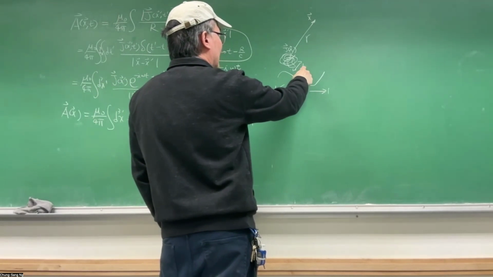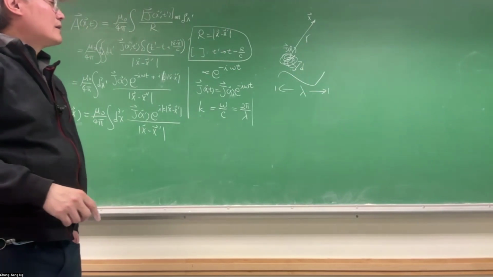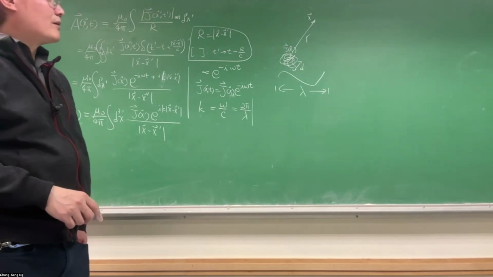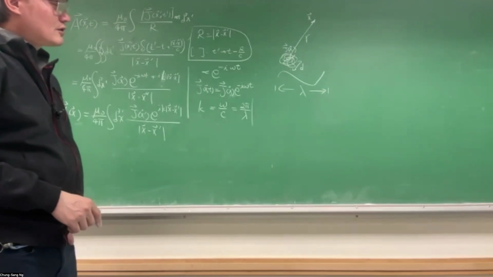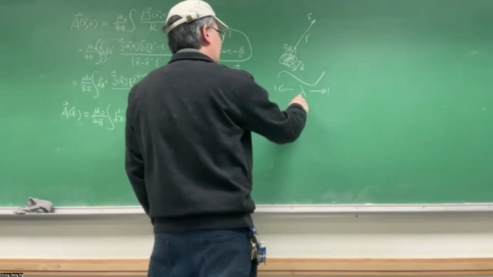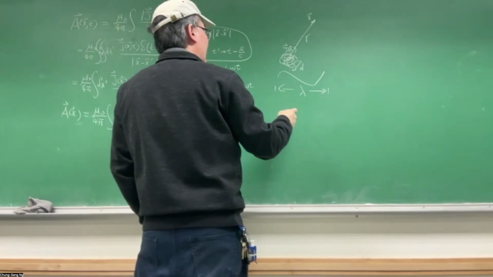If lambda is much greater than d, then it's a long wavelength. If lambda is small or even comparable to d, this is a short wavelength. Right? It's a long wavelength or short wavelength.